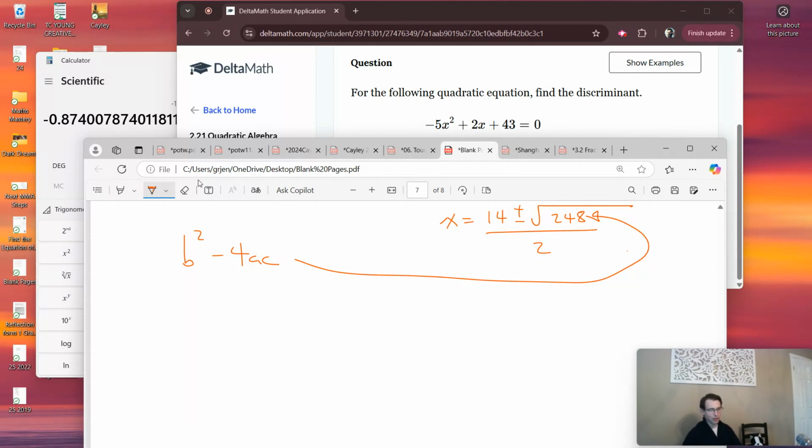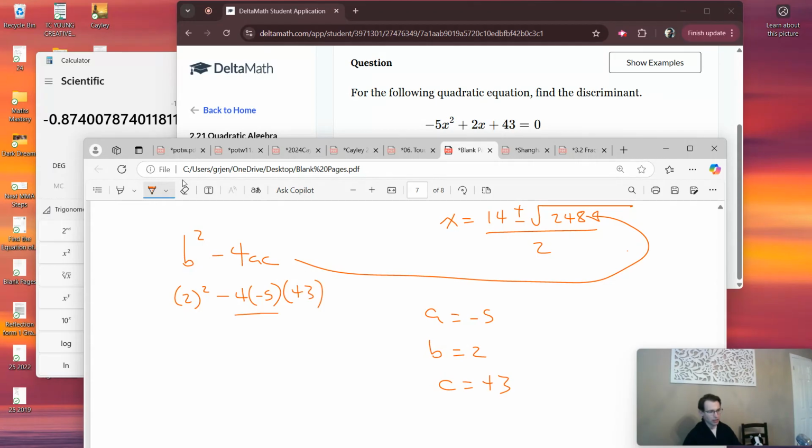So here our a is minus 5, our b is 2, this is all from the example up there, and our c is 43. We're just going to calculate the discriminant. So it's 2 squared minus 4 times minus 5 times 43.